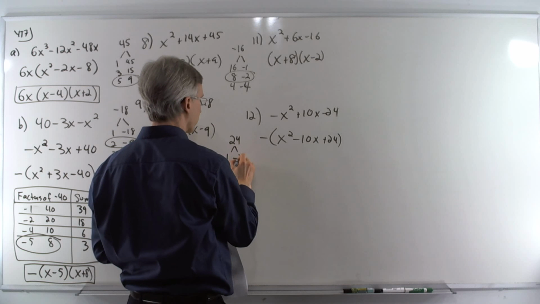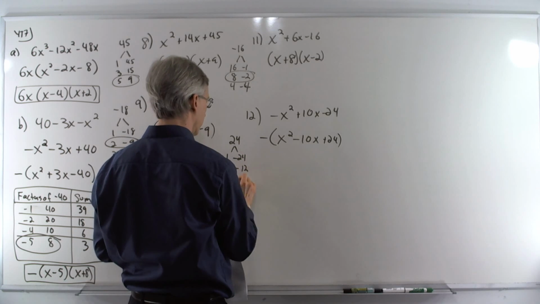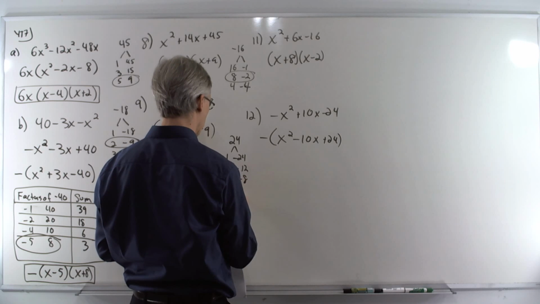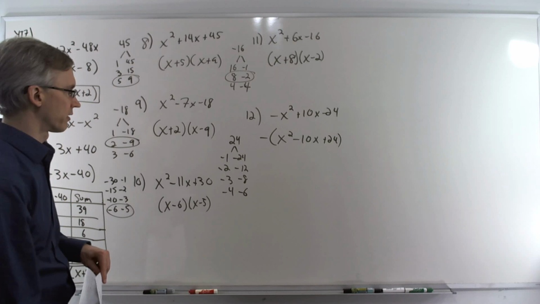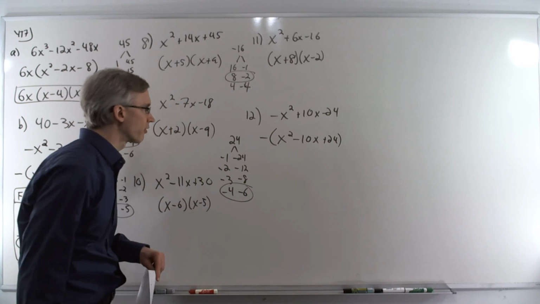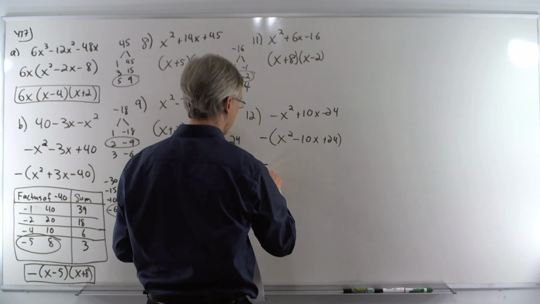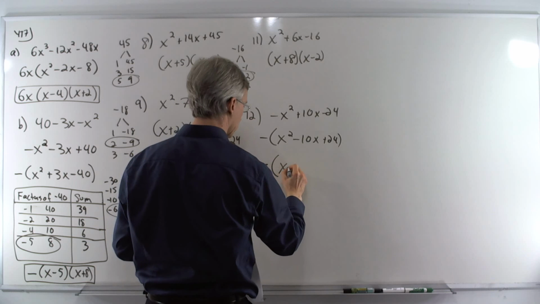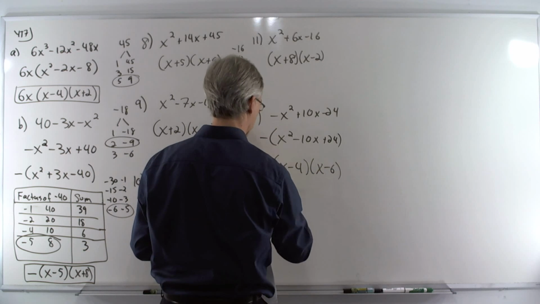So negative 1, negative 24, negative 2, negative 12, negative 3, negative 8, and negative 4, and negative 6. So there's all of our negative numbers to multiply to get 24. Negative 4 plus negative 6 is negative 10, so that matches there.